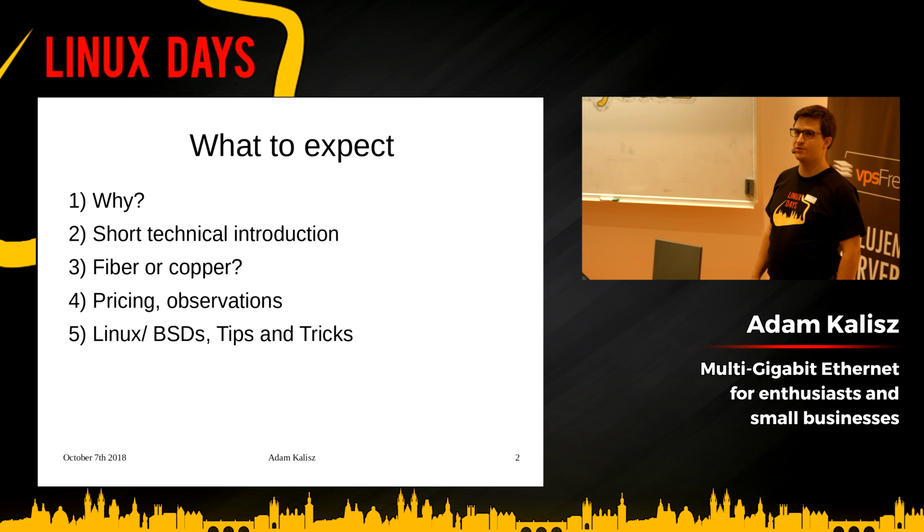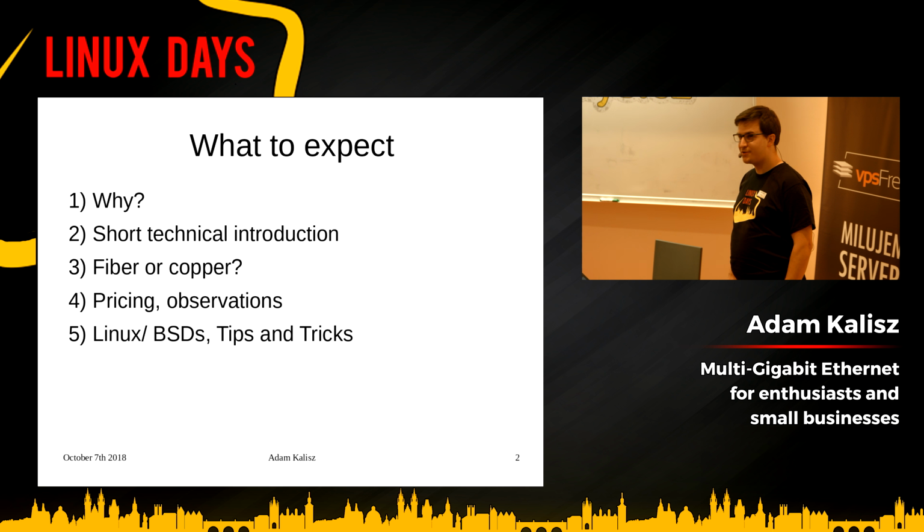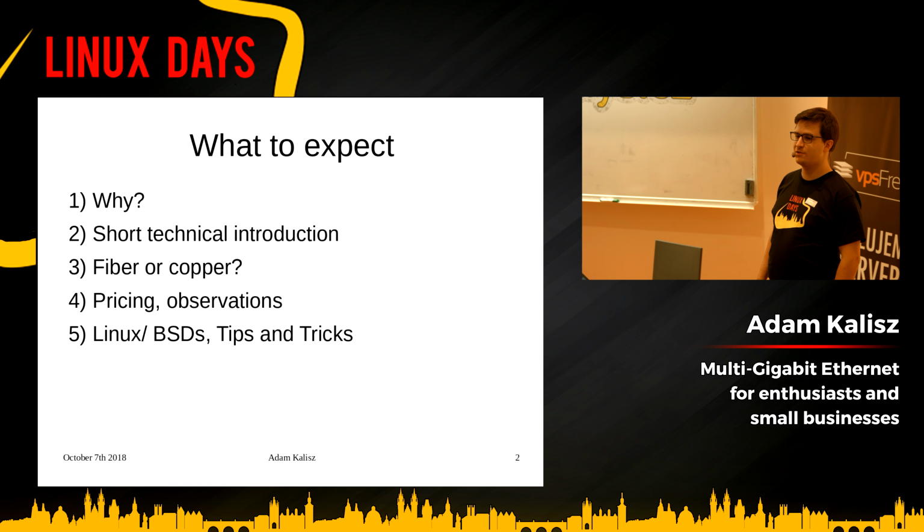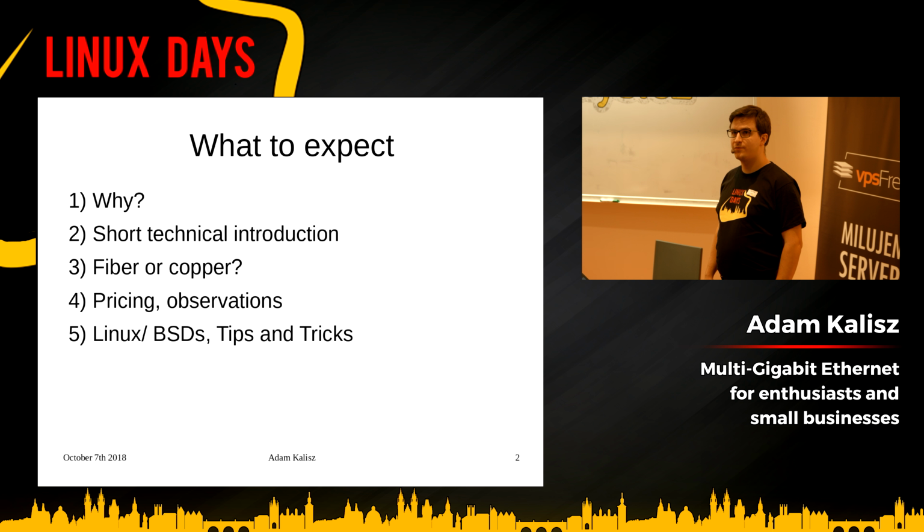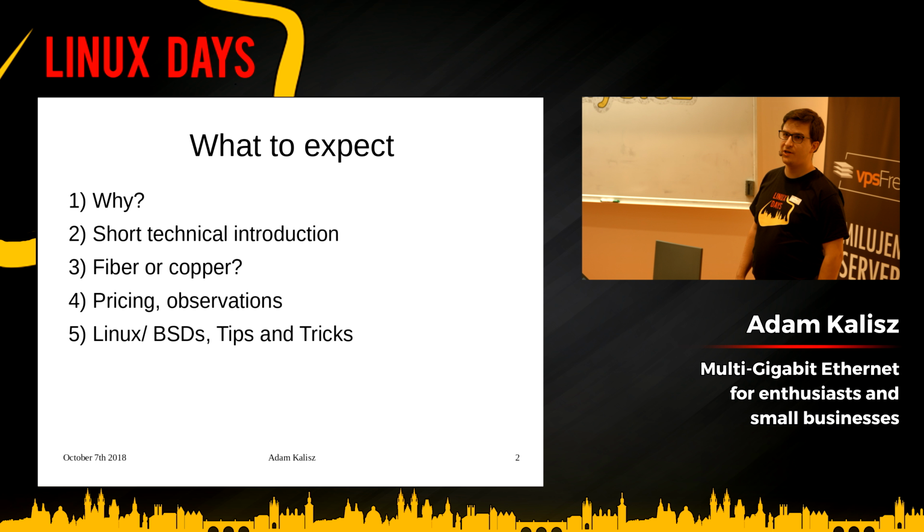Maybe you want to use old copper cables from other times. Or maybe you will deploy fiber, which is not that costly anymore. I'll discuss some pricing and observations about switches, network cards.